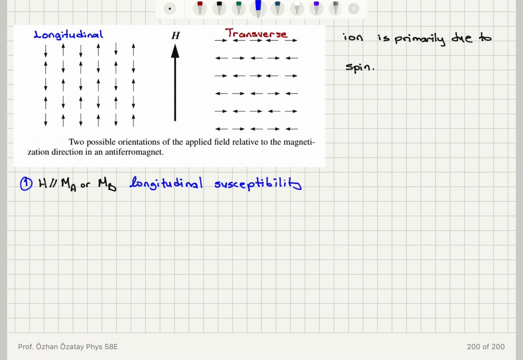And the second scenario is where the magnetic field is applied perpendicular to the A or B sublattice magnetizations. In that case, we talk about transverse susceptibility.